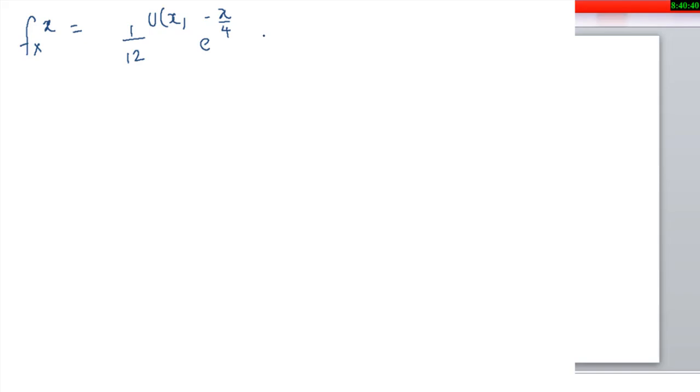Since it is minus 1 by 3, I can get minus 3 in the numerator. Now I am substituting the upper and lower limits into e power minus y by 3, with limits 0 to infinity.